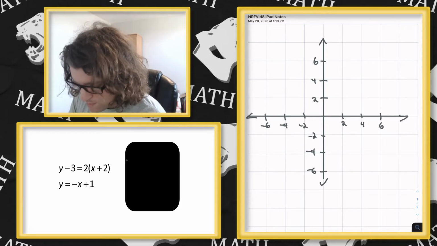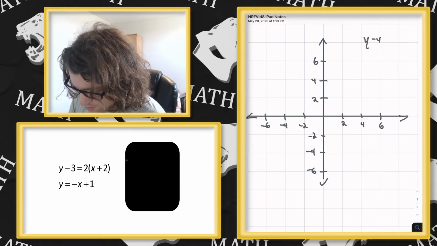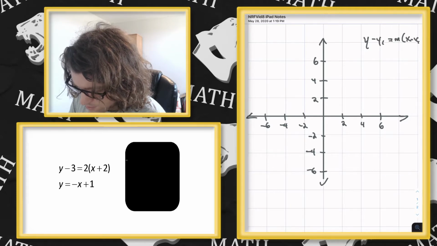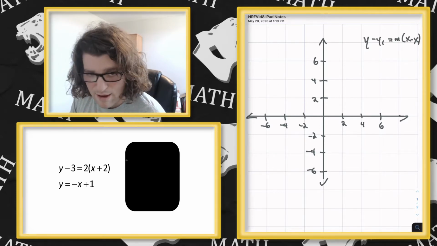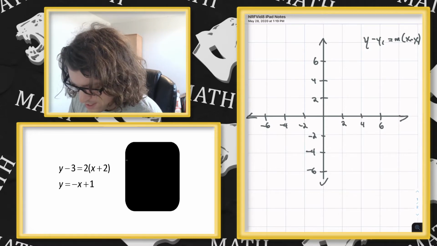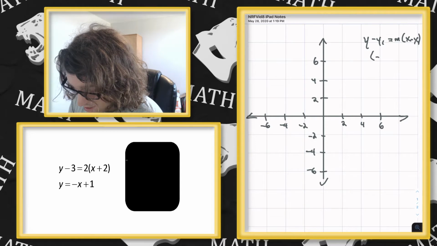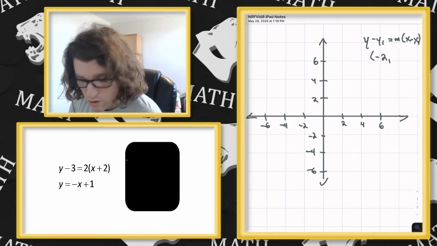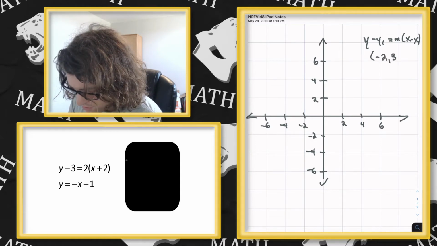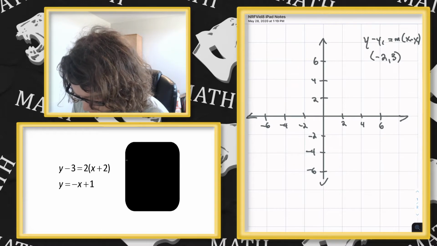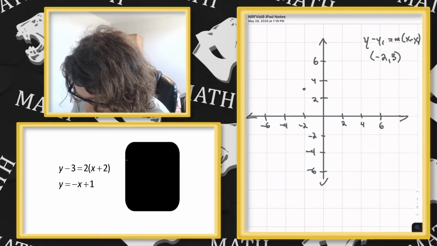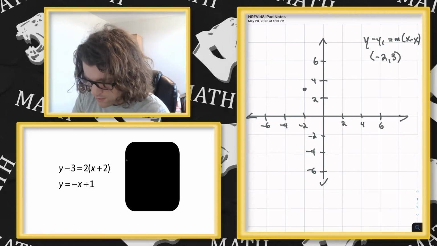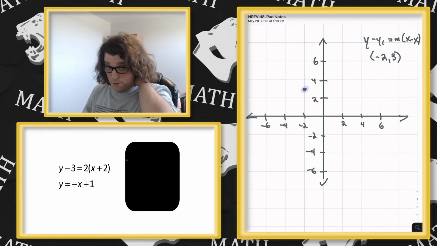As a reminder, that form is y minus y1 is equal to m times x minus x1. So what we have already written down there is a point x1, which is -2, comma y1, which is 3. So -2, comma 3 is right here on my graph.